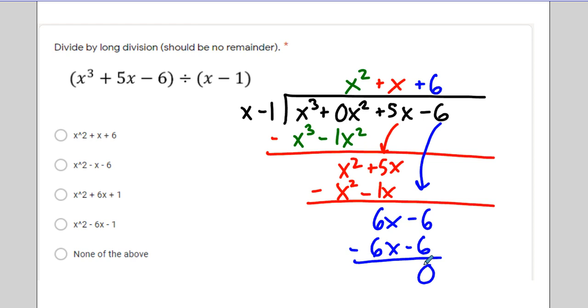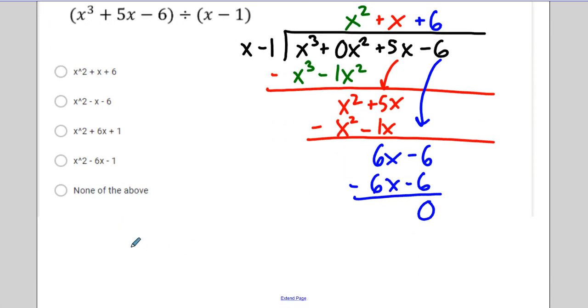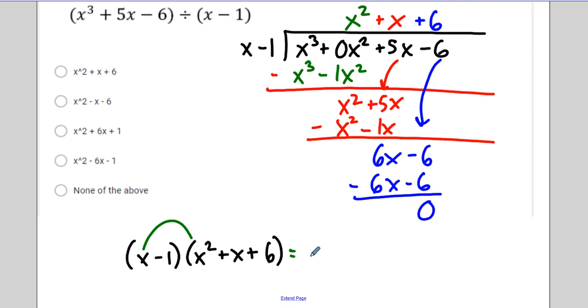How can I check? I should be able to multiply this by x minus 1 and get the original statement. Let's try it down here. If I do x minus 1 times x squared plus x plus 6, I should get the original. Let's go. So distribute. I'm going to get x cubed. I'm going to distribute this thing 3 times. x cubed plus x squared plus 6x.